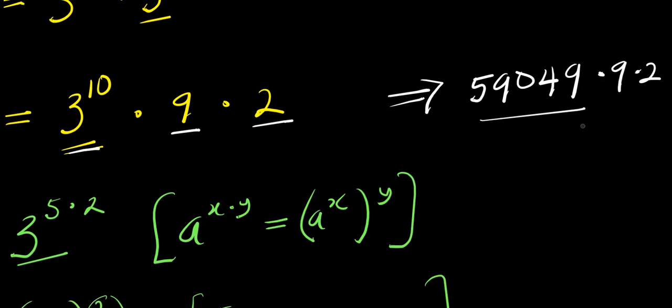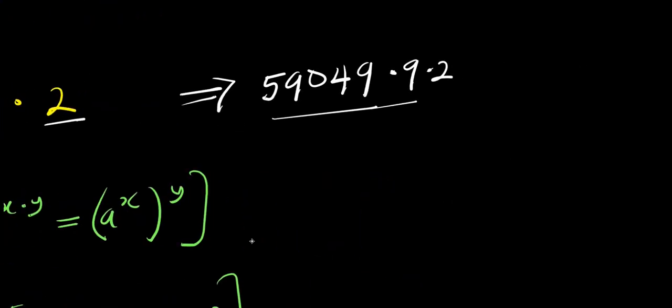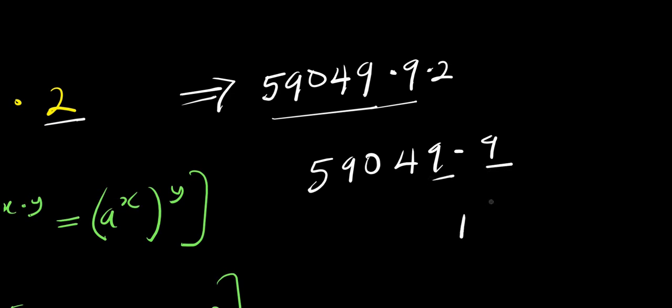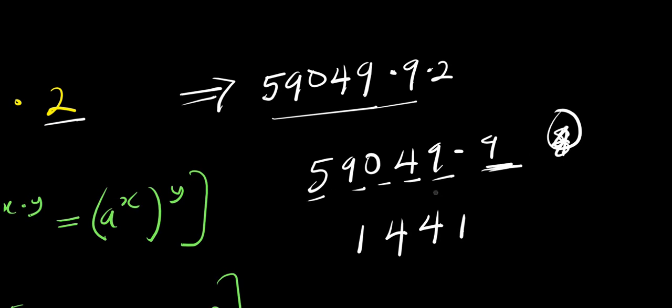So let's multiply this by 9 first. 59049 times 9. 9 times 9, 81. 1 carried over 8. 9 times 4, 36 plus 8, 44. 4 carried over 4. 9 times 0, 0 plus 4, we have 4. 9 times 9, 81. 1 carried over 8. 9 times 5, 45 plus 8, we have 53.